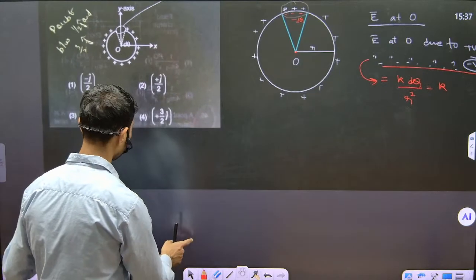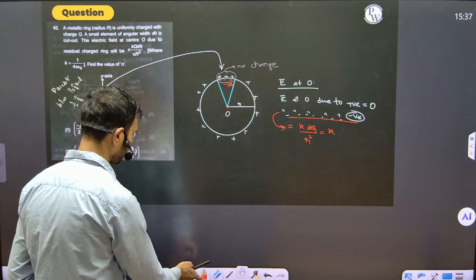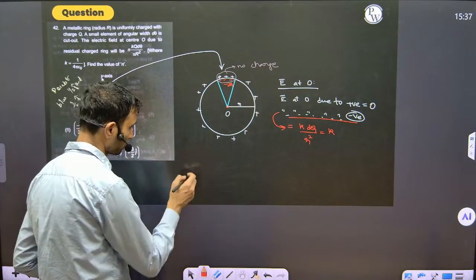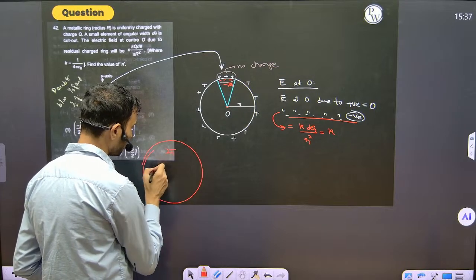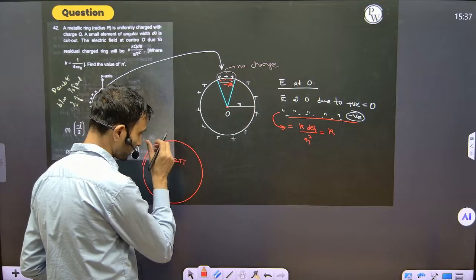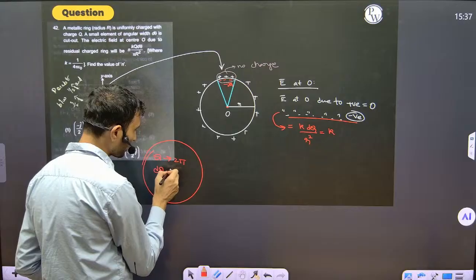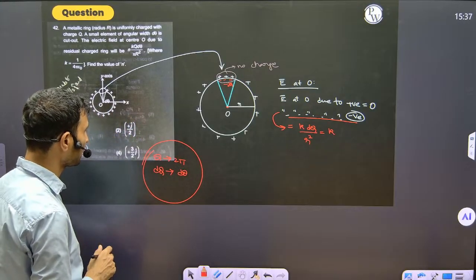So Q charge is there on how much angle? Full angle is 2 pi. So that means you have Q charge over 2 pi. So dq charge over d theta, right?